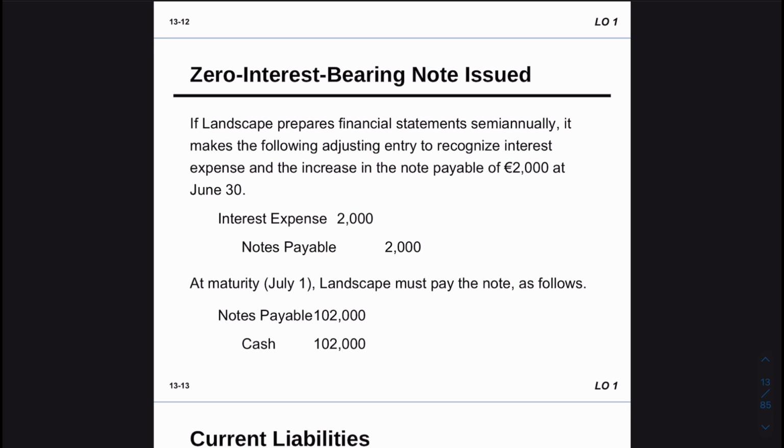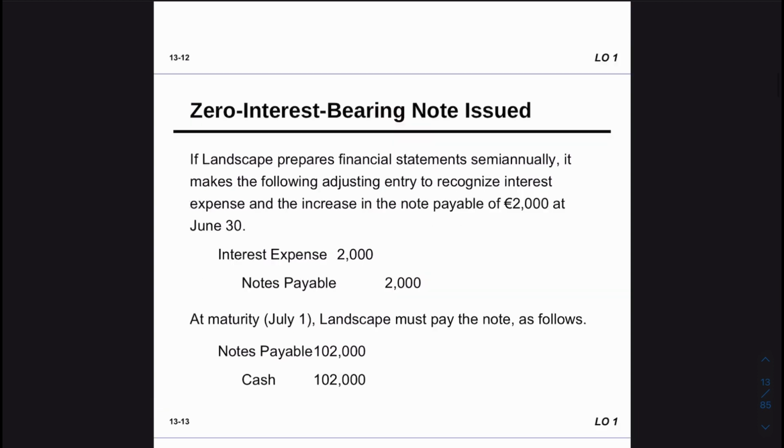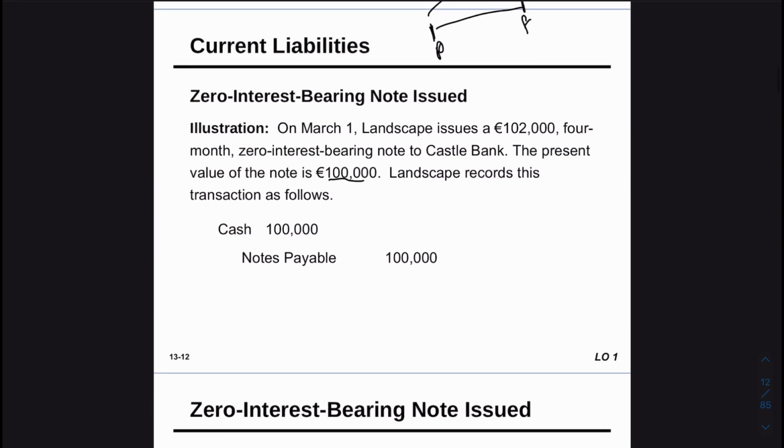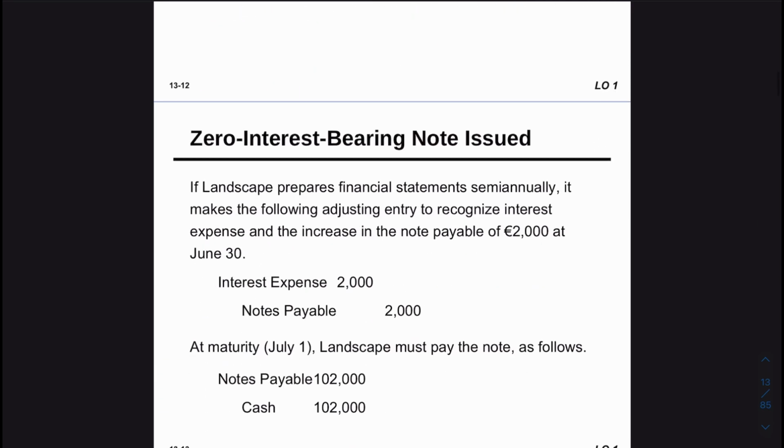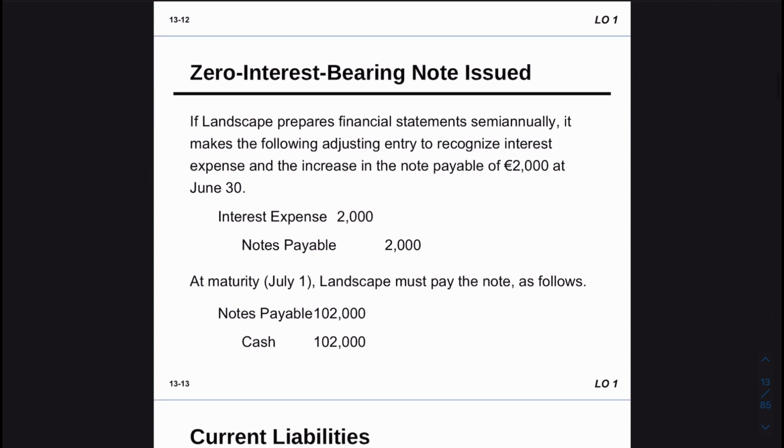So only 4 months have passed, but it doesn't matter, because if you subtract the difference between the present value and the fair value, you will get the difference, which is the interest, which is the 2,000. So you will debit interest expense and credit notes payable, and then at maturity you will pay the fair value of that note. So you will debit notes payable of 102,000, and you will credit cash.